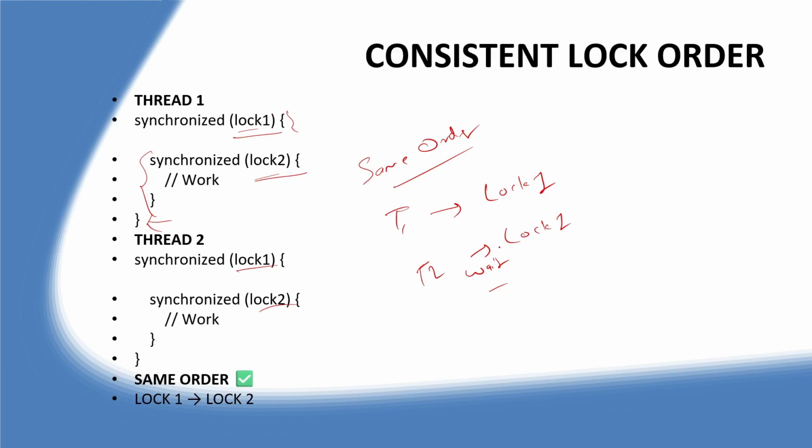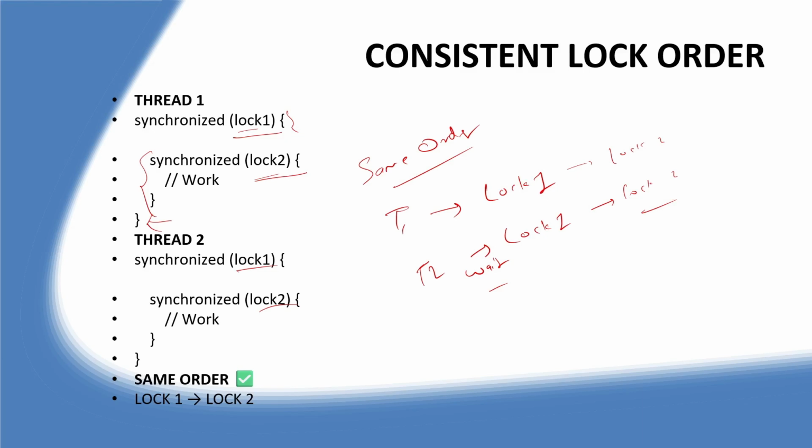Thread 1 can acquire lock 2, complete its work and release both locks. After that thread 2 can proceed. So thread 1 will acquire lock 1, then lock 2, and once it is finished, thread 2 can acquire lock 1 and lock 2, like this. So the circular waiting pattern has been removed.